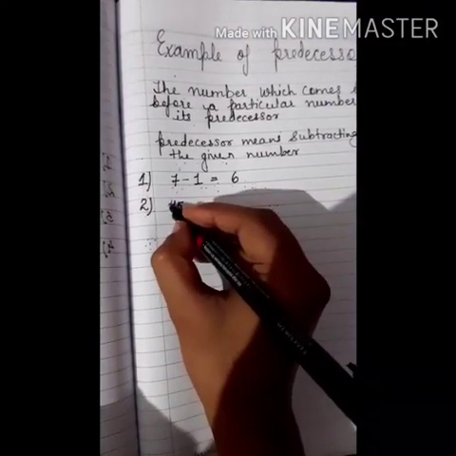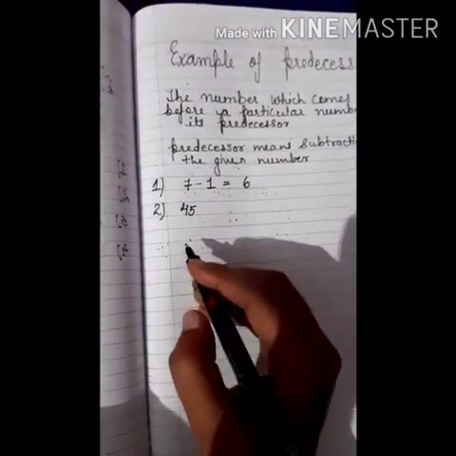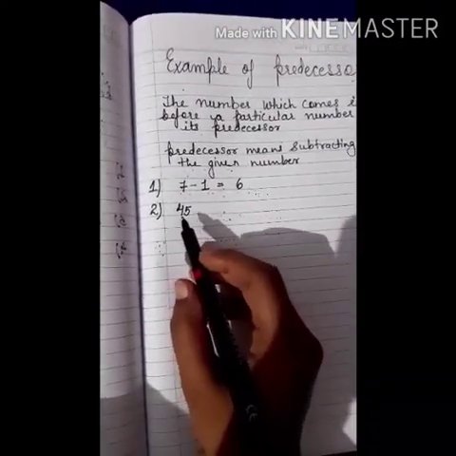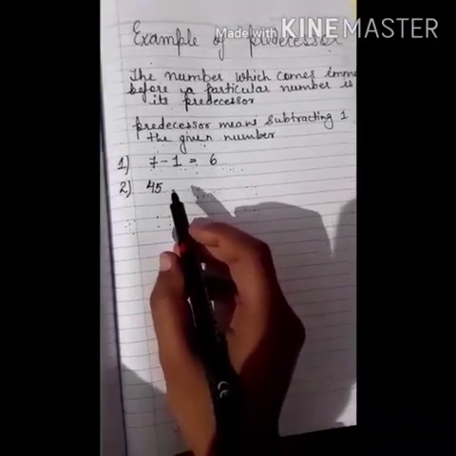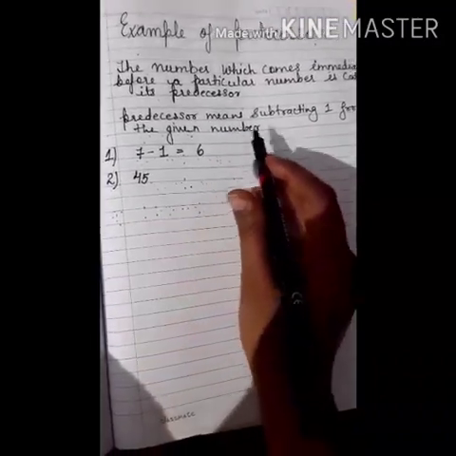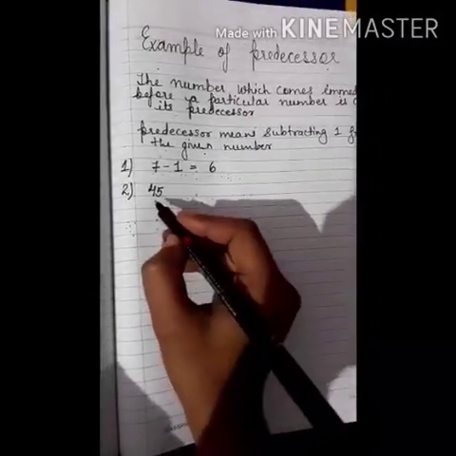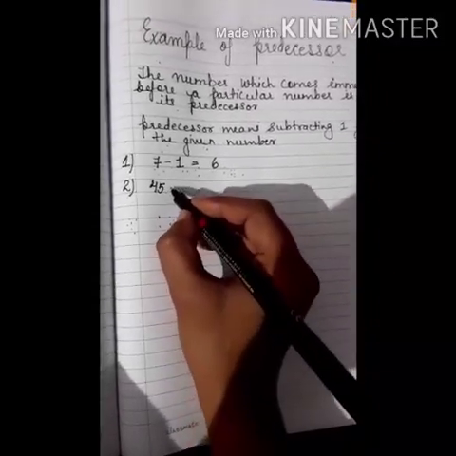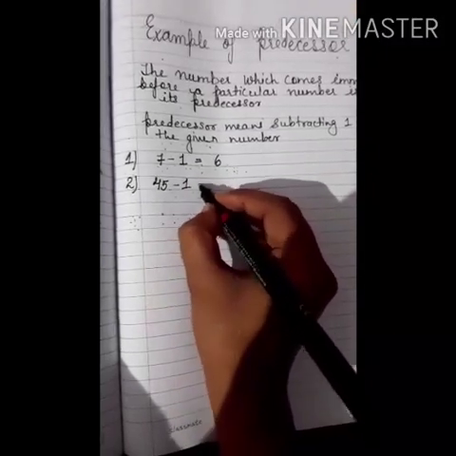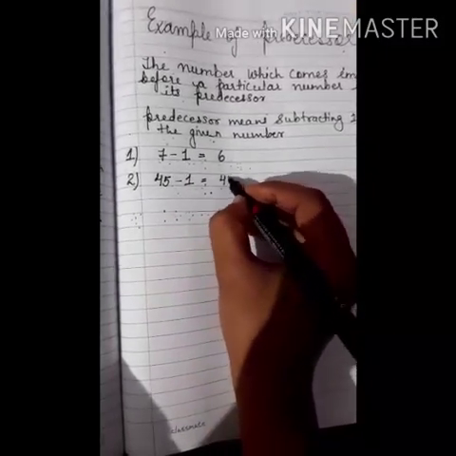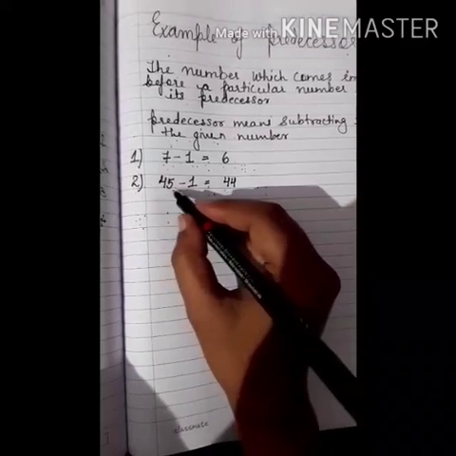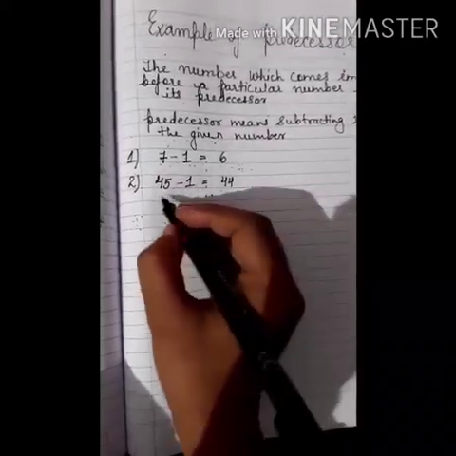Now let us take another example. 45. So now we have to find the predecessor of 45. So what is the predecessor? Predecessor means subtracting 1 from the given number. So our given number is 45. So 45 minus 1 will give us 44. So the predecessor of 45 is 44.